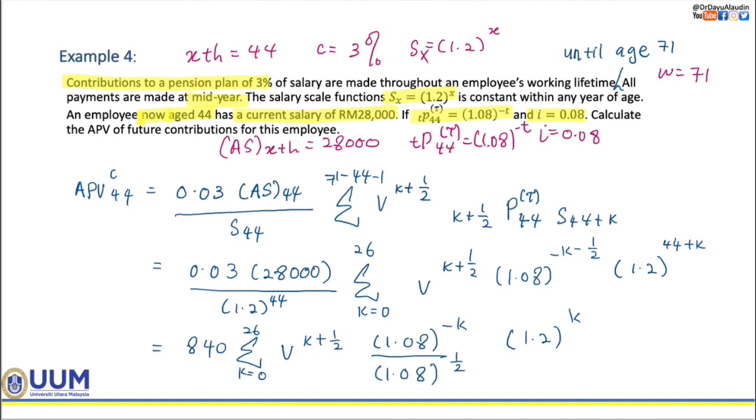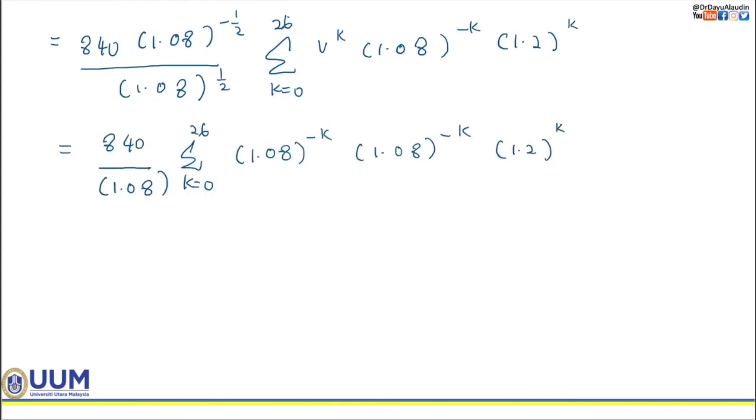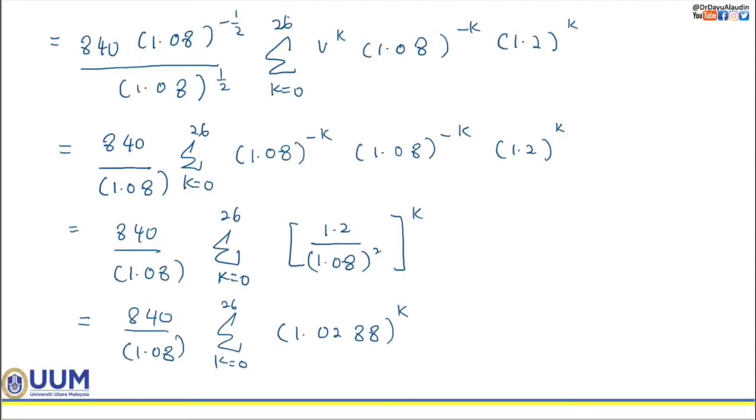And we simplify the equation in the summation, and now we take out all the constants outside, and we simplify the equation and we get this one. So we just leave this one in the summation.